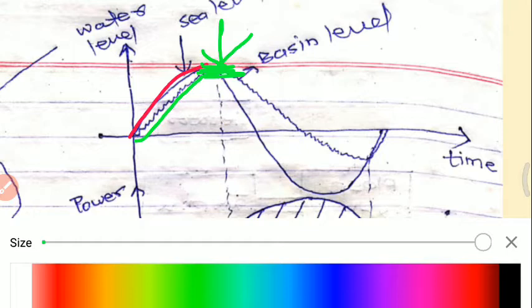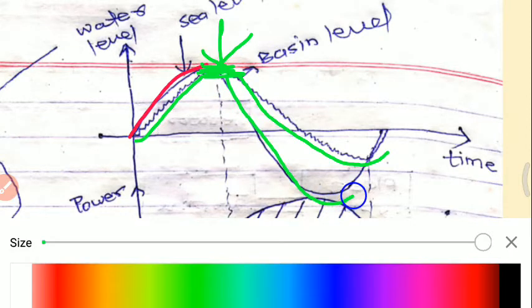When the gate is closed, the water has only one way to pass, through the turbine only, and this water then starts passing through the turbine, and the water level of the basin decreases, and the water level of the ocean also increases during this low tide.